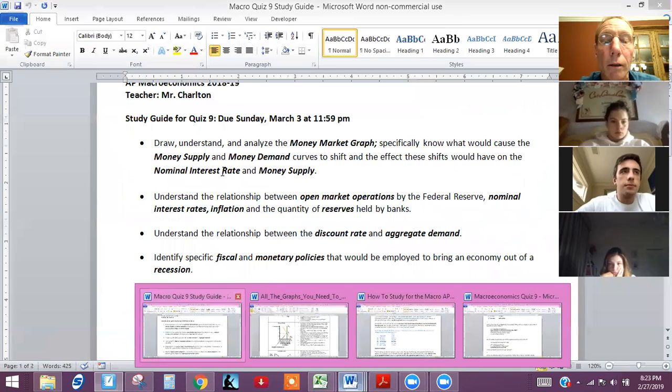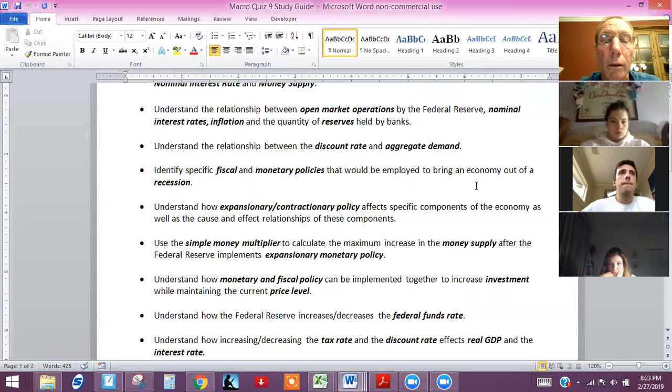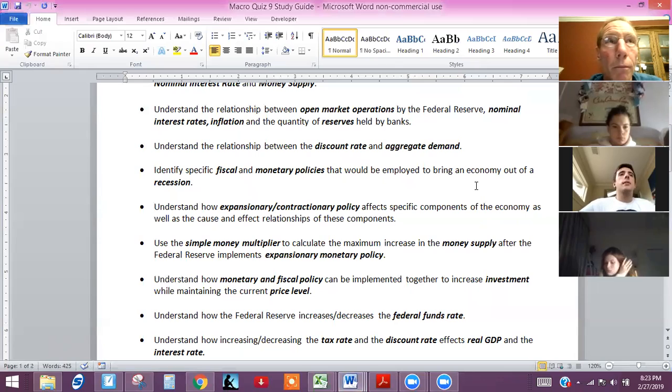Now this is easy right here, isn't it? In order to bring an economy out of a recession, the fundamental goal is to shift the aggregate demand to the right. They're trying to get output up.